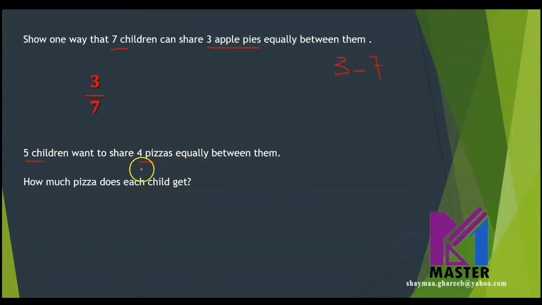The pizza will be divided, which means the 4 will be divided by the 5 children. Okay, so the answer will be 4 over 5 or 4/5. Then each child will get 4/5 of one pizza. Is this clear?